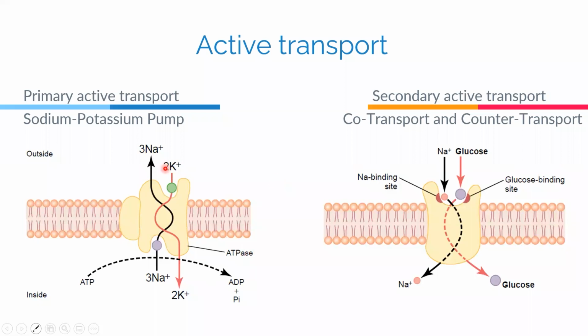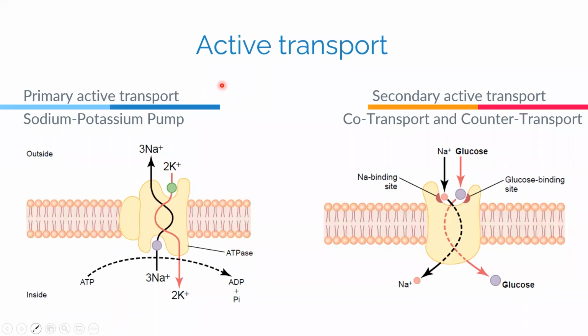And because of this movement of a positive charge from inside to the outside, we have a negative charge accumulation inside the intracellular environment. Thus, the sodium potassium pump is also known as an electrogen.